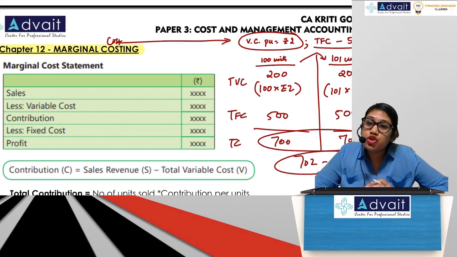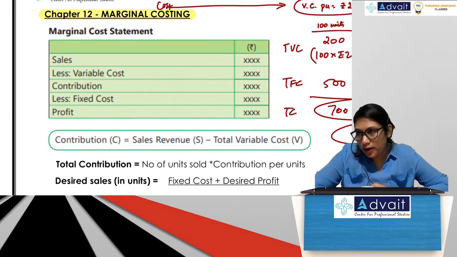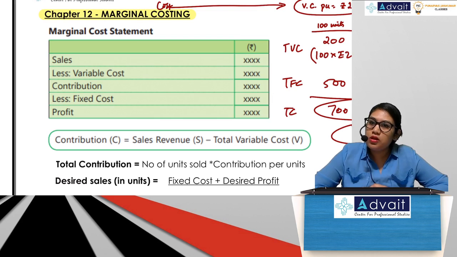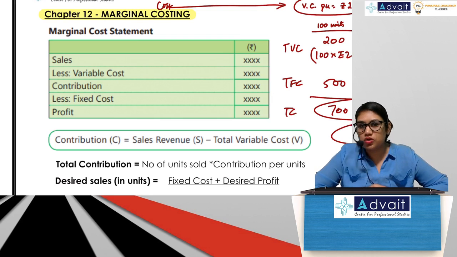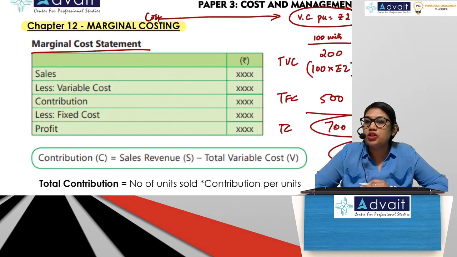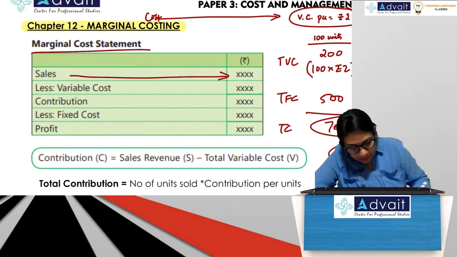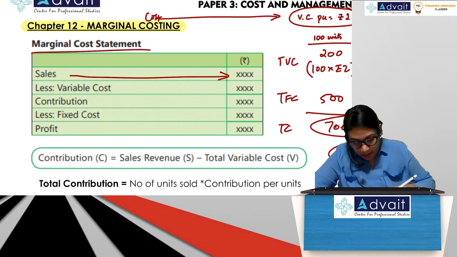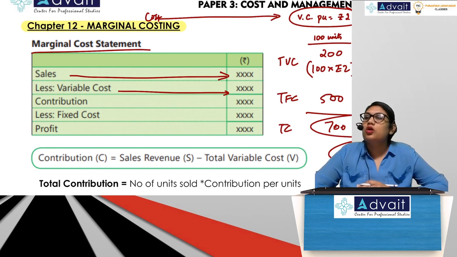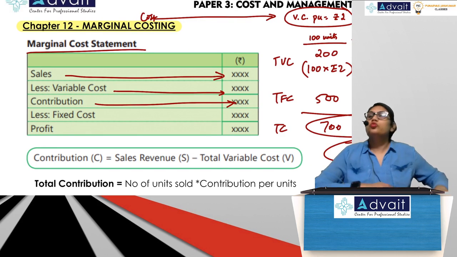So in marginal costing, what we do is we divide our costs into these two parts. One is variable cost, one is fixed cost. Okay, so the marginal cost statement or the marginal cost sheet looks something like this. We start with sales, minus variable cost gives us something called contribution.